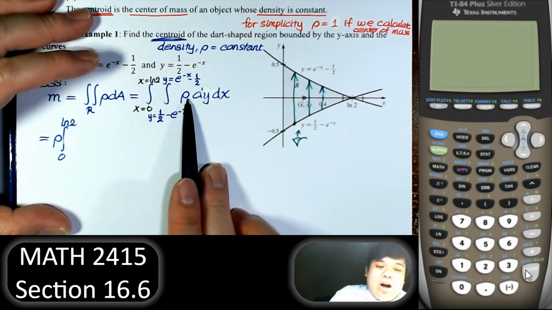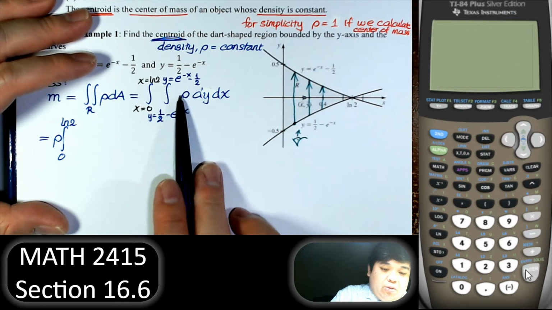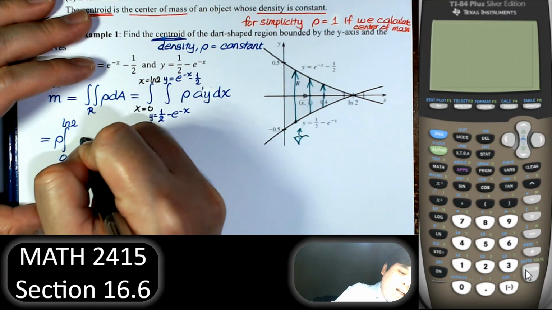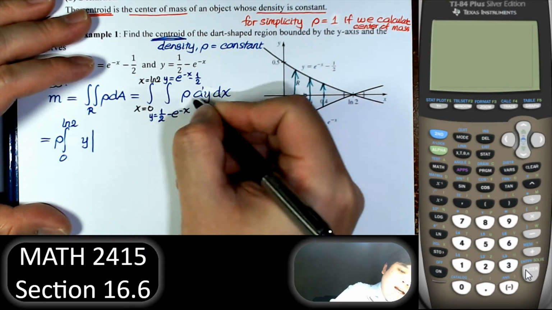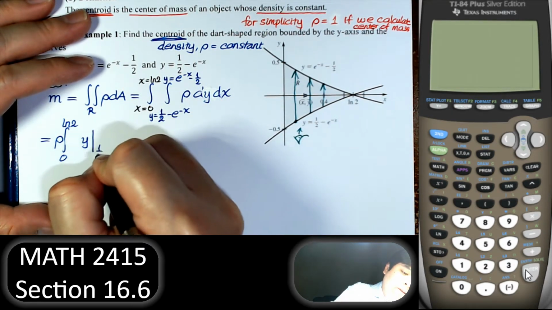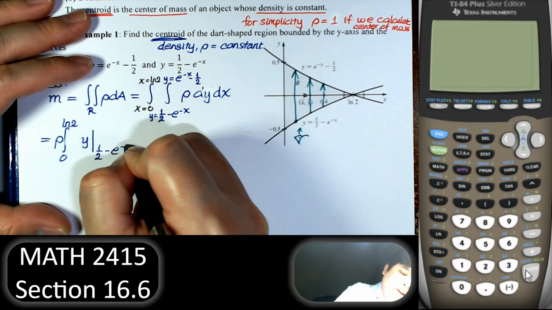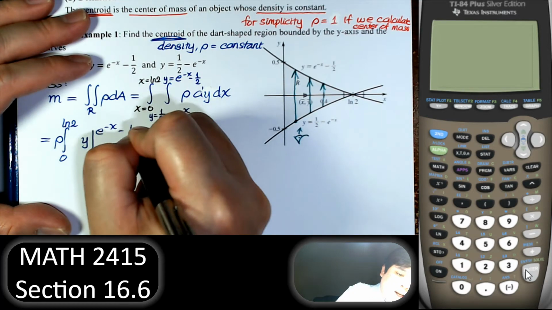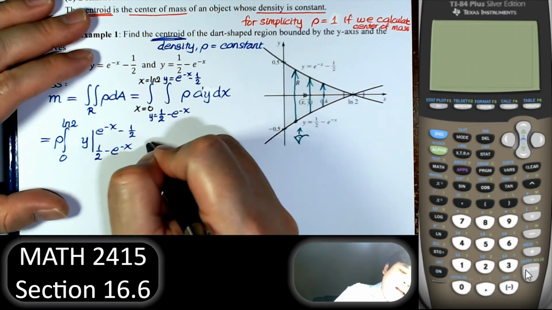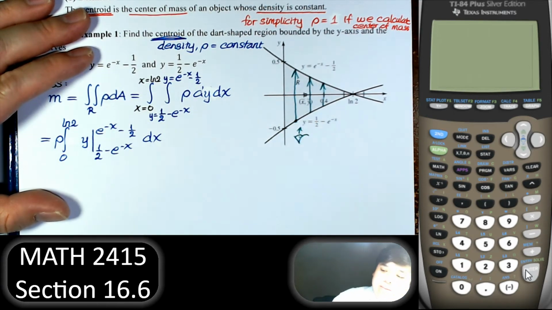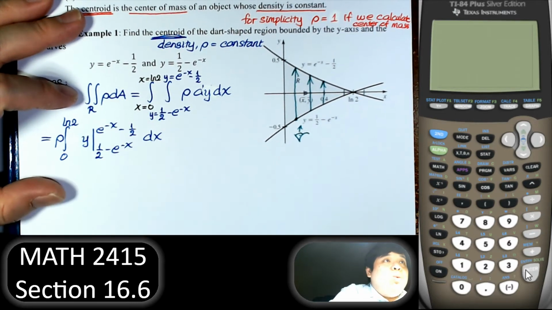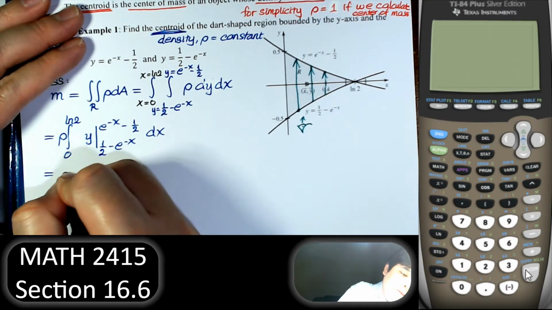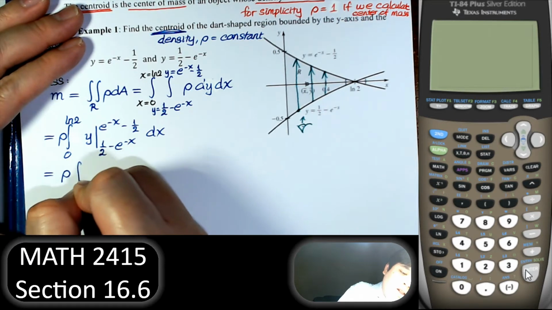The integral of dy, with nothing else there, is just y, going from 1/2 minus e to the negative x to e to the negative x minus 1/2, and then dx. Rho is a constant.